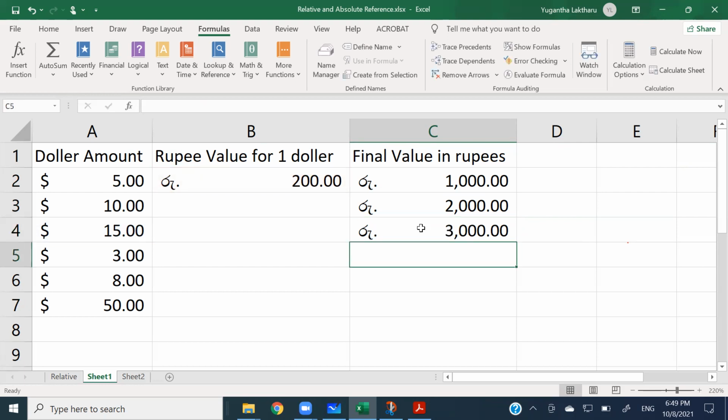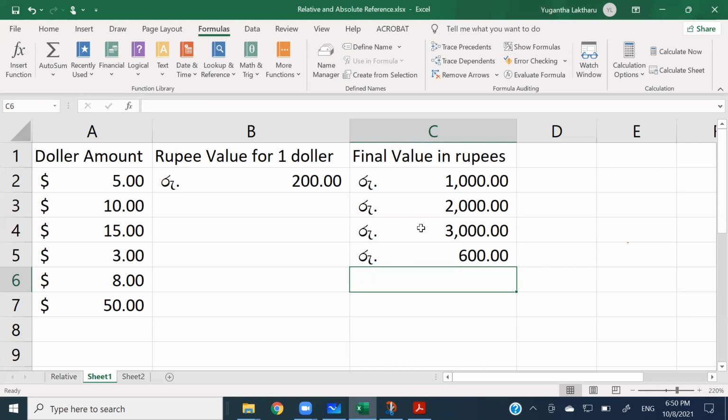So then we take 3000. What should be the next one? Yes, Ranima. A5 star B2. Yes, Tadara. Anjana, yes. So it's going to be equals A5 star B2. Now it is giving us the correct answer.